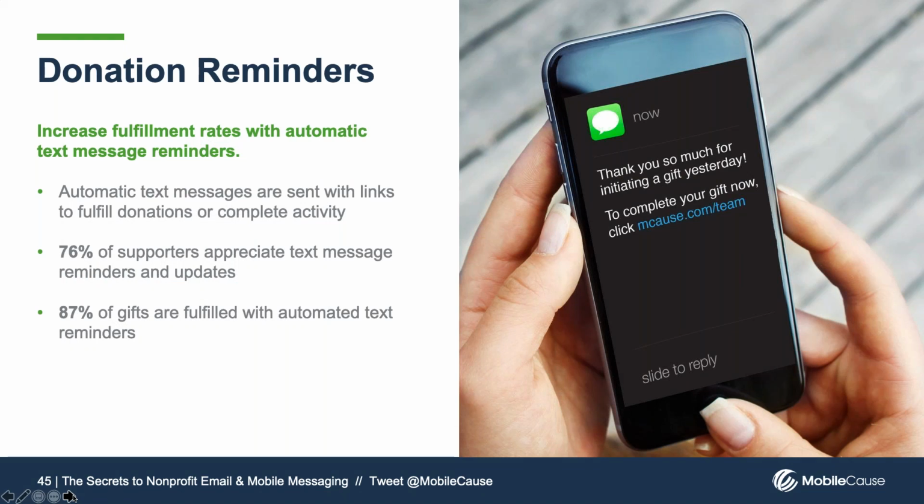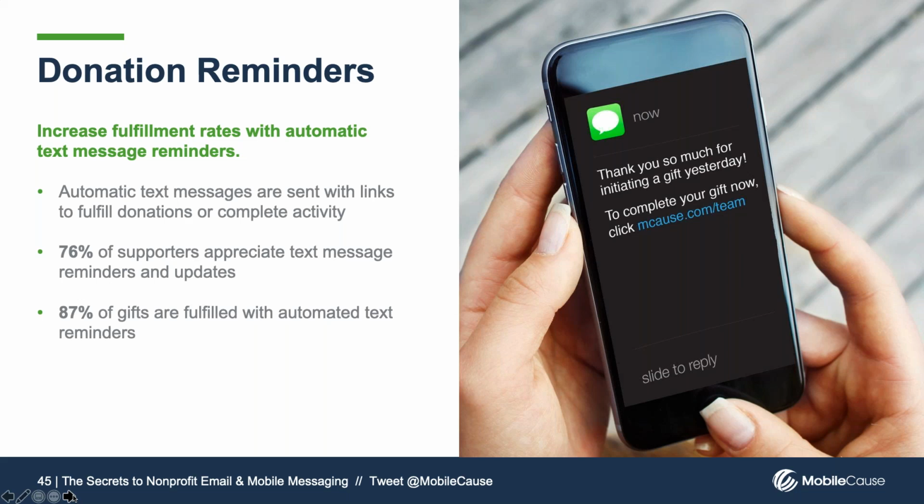These donation reminders that I mentioned earlier, if you did text in, you will start receiving these reminders, which is really great for you just to get an idea of how the MobileCause system works with mobile messaging at an event. We see fulfillment reminders help you fulfill 87% more of your gifts.